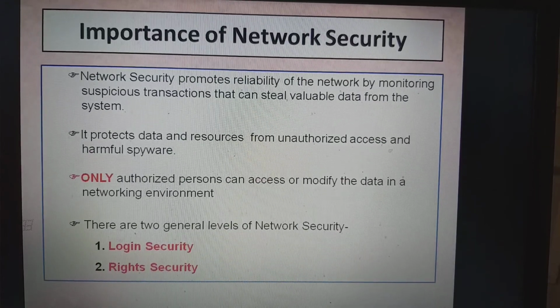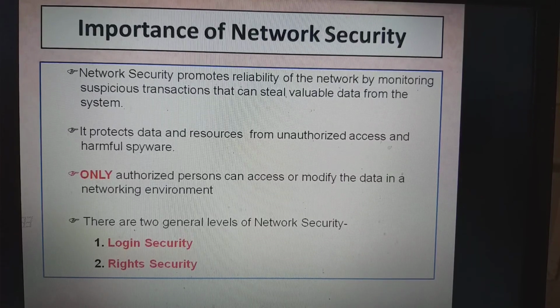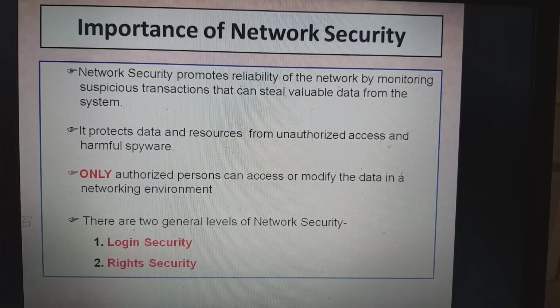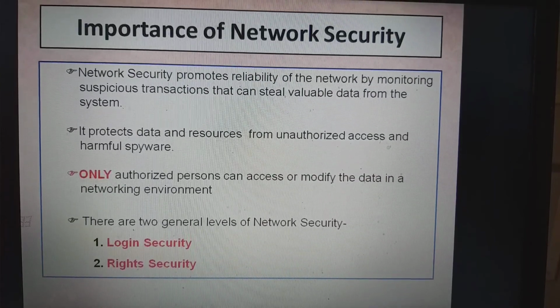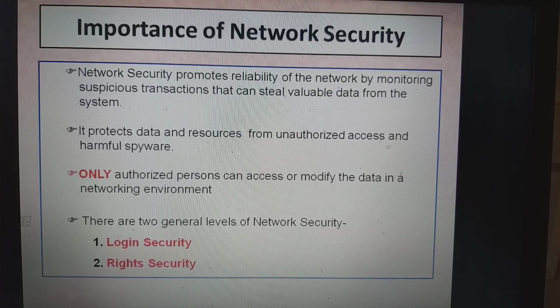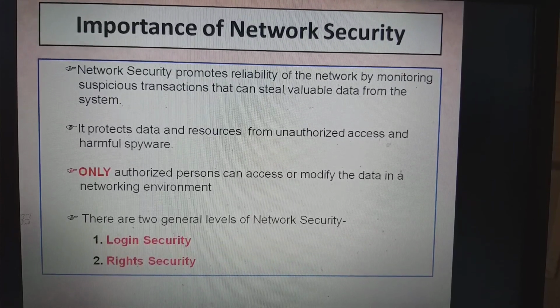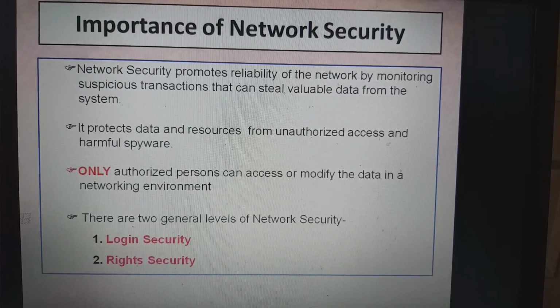There are two general levels of network security: login security and write security. Login security refers to giving a unique login name and password. This can be seen in the case of any net banking. Write security is giving rights to users for read-only access, read-write access, or no access at all.